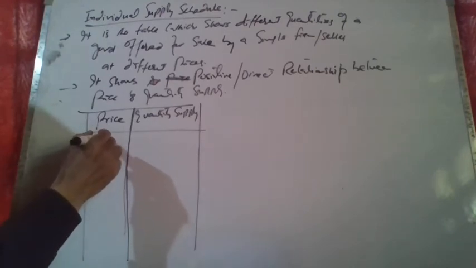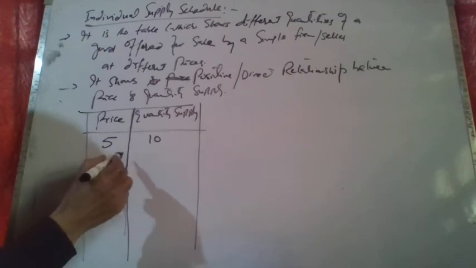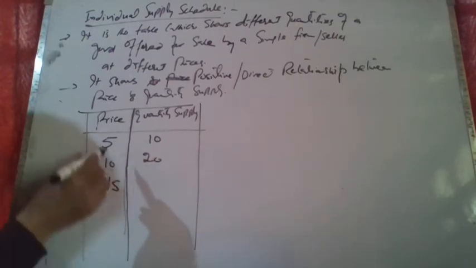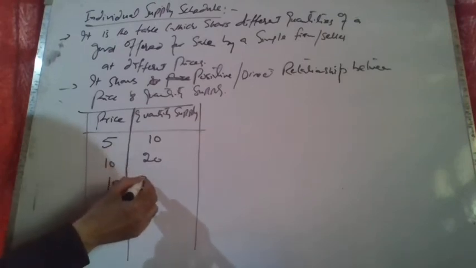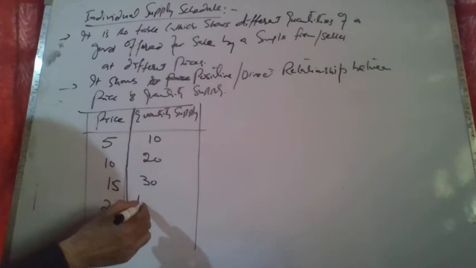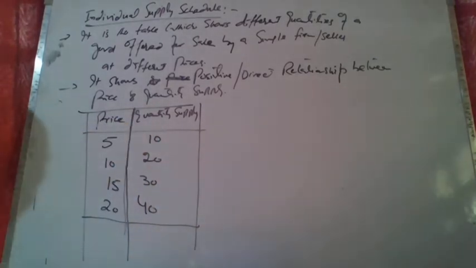We have, for example, 5, 10; 10, 20; when price increases, supply increases; 20, 40. So this is the relationship between price and quantity supplied, which is shown by an individual supply schedule.